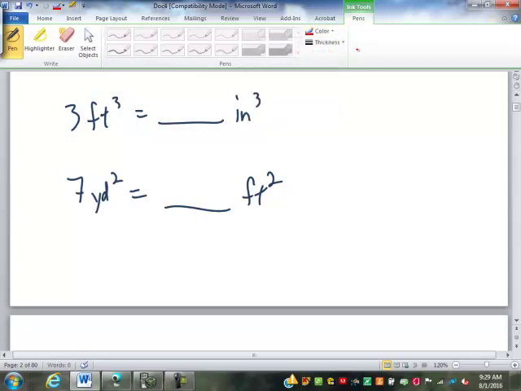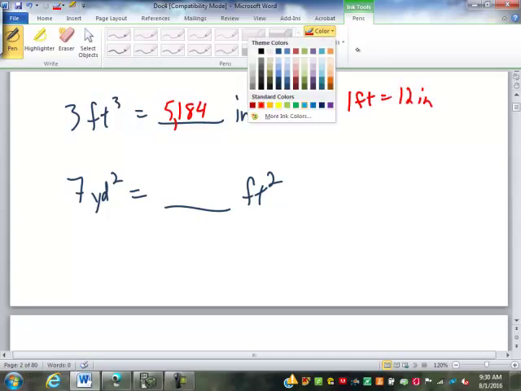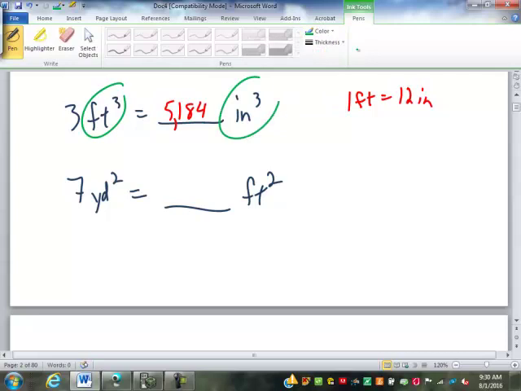So for number 1, 3 cubic feet into cubic inches, what'd you get? 5,184. How many of you had that? Anybody have questions on how we get to it? 1 foot is 12 inches, right? This is cubic feet and cubic inches, which means we have to cube everything. 1 cubed is 1.